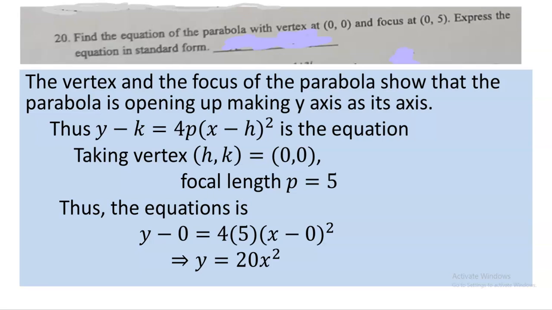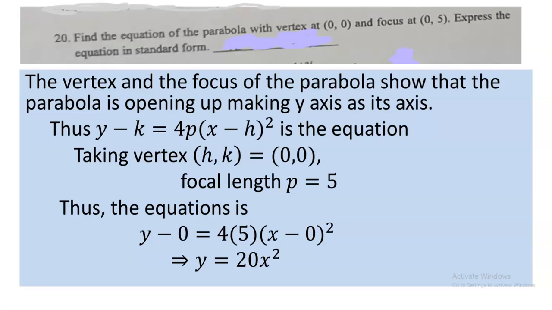Here, students, what you have to know is, whenever you want to solve such kind of question, please try to have a rough sketch, okay? Sketching the rough one enables you to know the type of the parabola. You may obtain the parabola opening up or down, or you may obtain a parabola opening to the right or to the left.